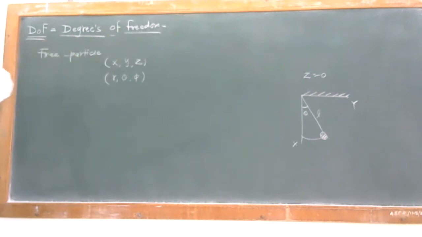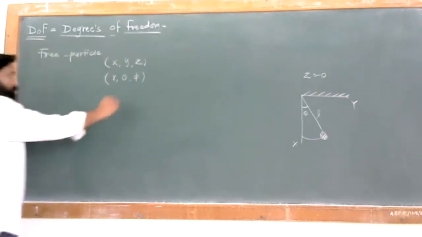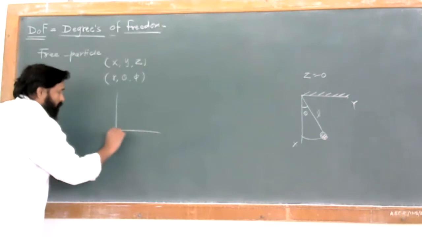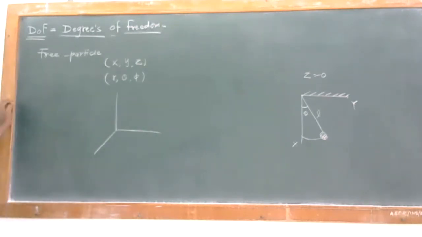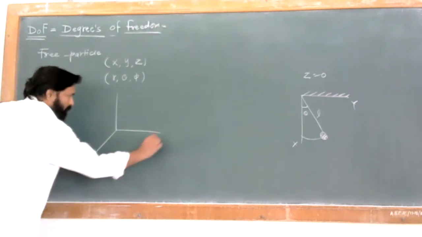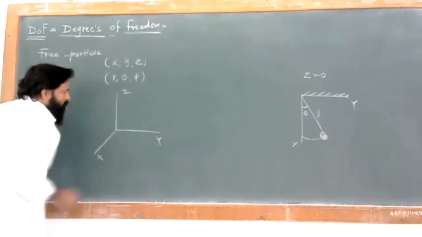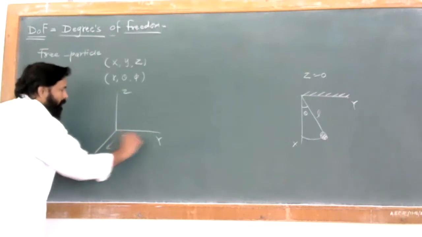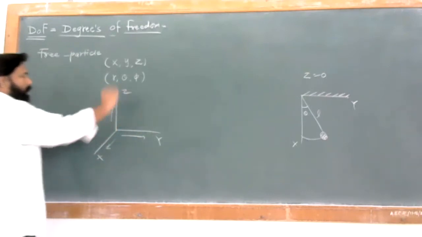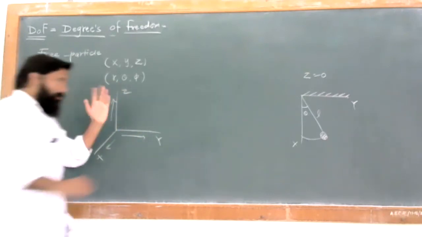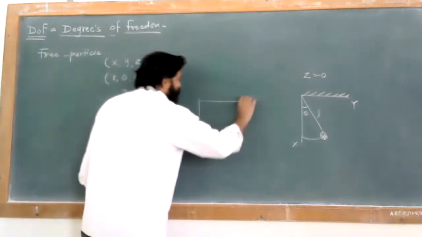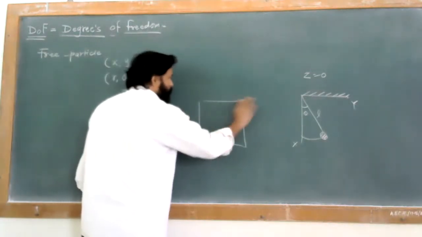This free particle can move freely along these three axes, x, y, z. So this particle can move in three-dimensional space. Just look at this condition.